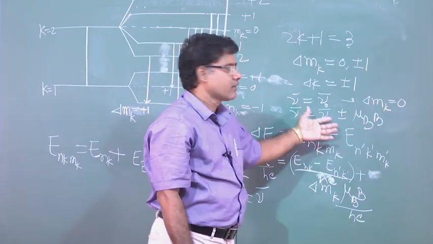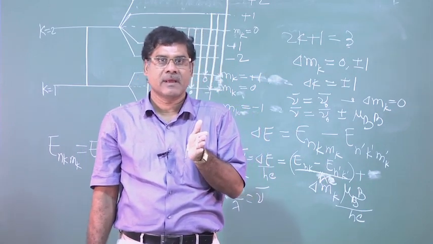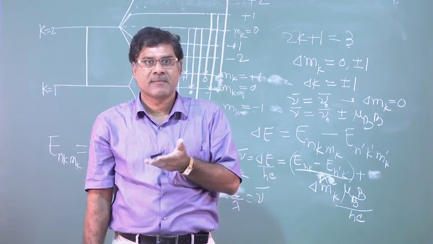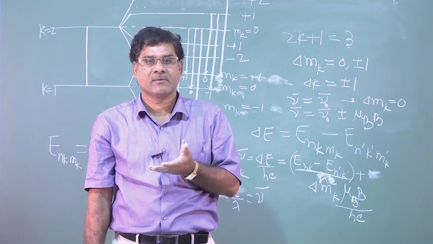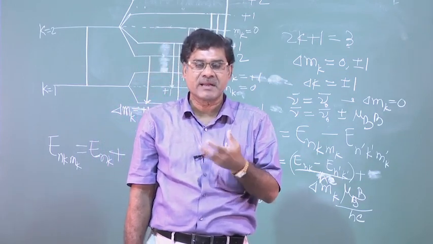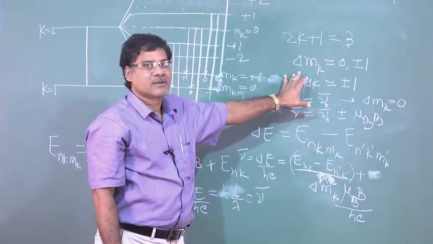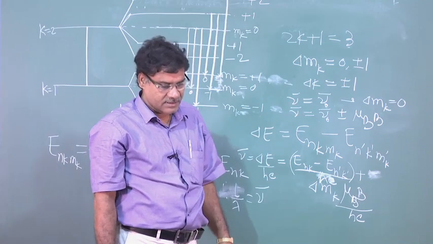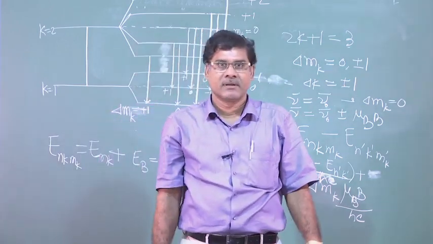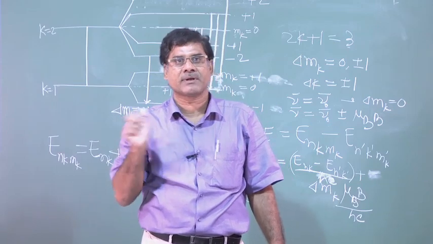So, for a spectral line having any n and k value, under a magnetic field it will be split into 3 lines. As I told, this is called the normal Zeeman effect. Any spectral line under a high magnetic field is split into 3.